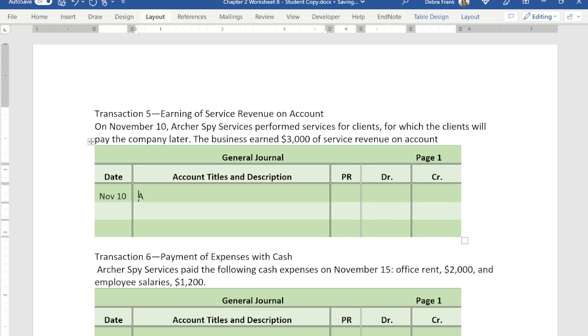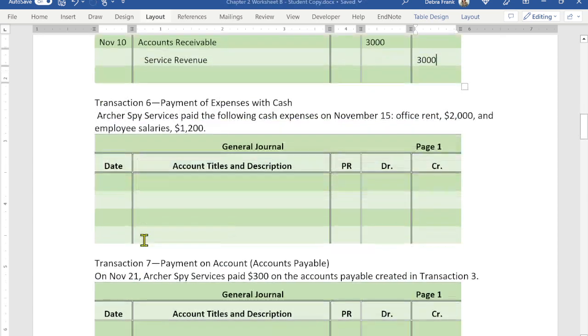And we had a debit not to cash because we are going to receive it. The customer owes it to us for $3,000. And then we did earn it, so we get to record service revenue for $3,000. All right, cool.